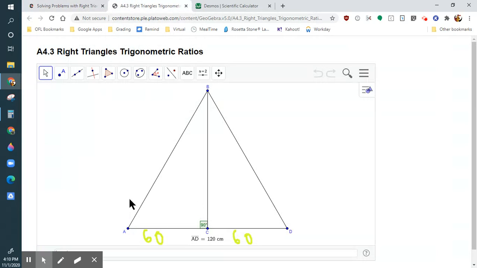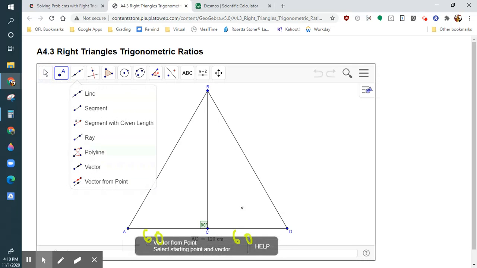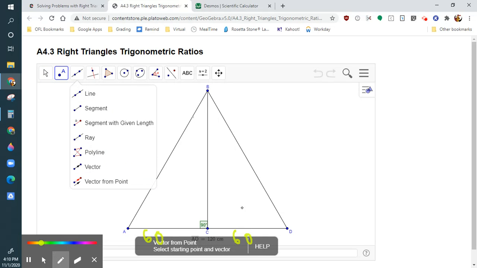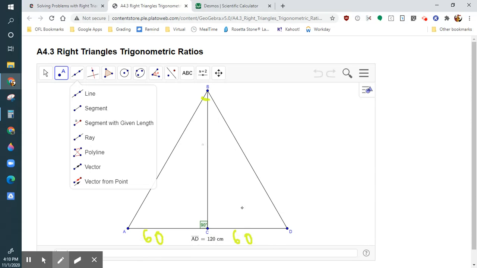How do we get that? Sine of ABC is 1/2. So sine of this angle is opposite over hypotenuse. So this is 1/2 ratio-wise, it's 1 over 2.